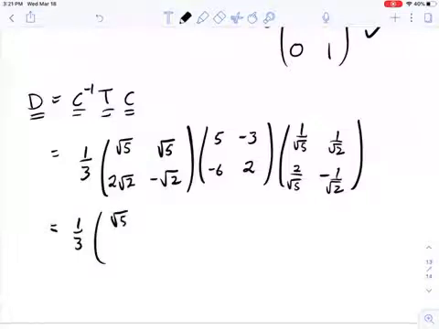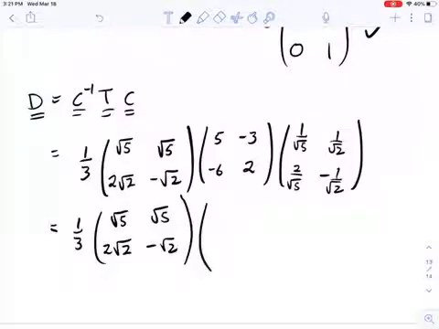1/3. So I'll do the product of the second two matrices first. So we get 5 over root 5 minus 6 over root 5. And then we get 5 over root 2 plus 3 over root 2.